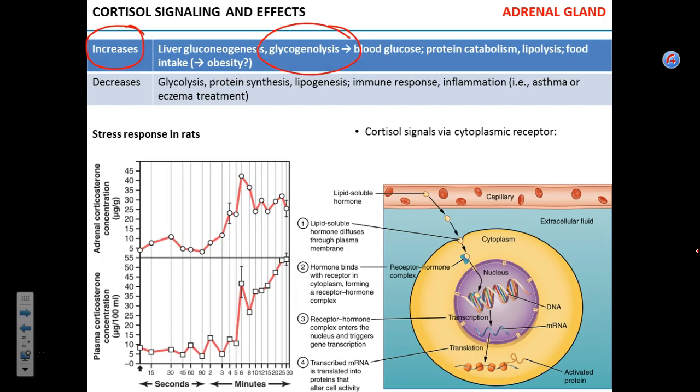So the first thing is glycogenolysis. Do you remember what glycogen is? If you don't, no problem. When you have a lot of glucose, when you eat, glucose that is not immediately used is stored in your muscle and liver in the form of glycogen, a polymer. It's like animal starch. Plants store glucose in the form of starch, animals store it as glycogen.